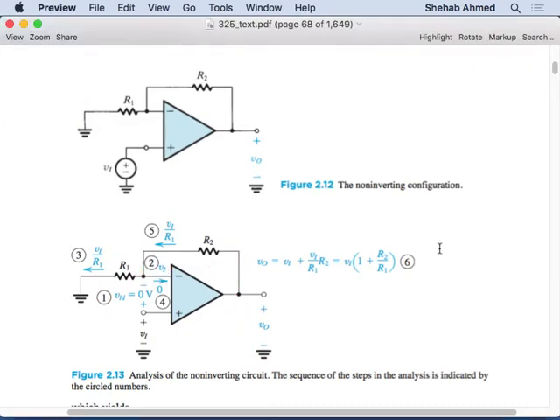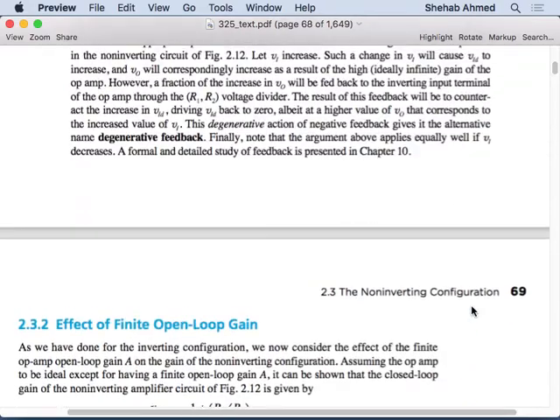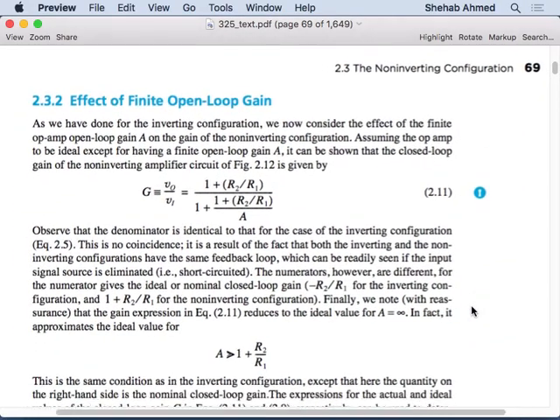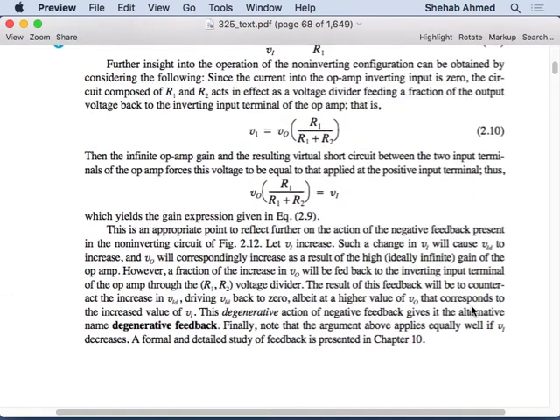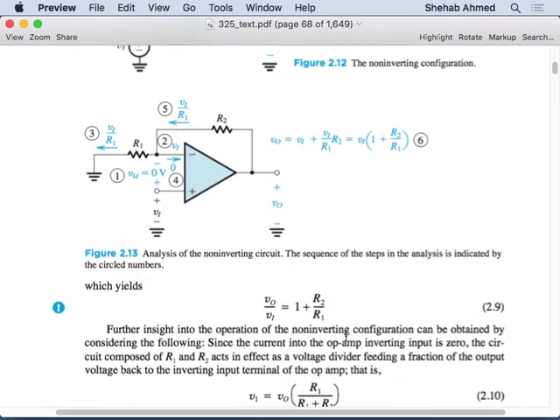Okay, so now let's see. Like we did before for the non-inverting amplifier, we looked at the effect on the gain of the amplifier with an infinite open loop gain op-amp. So we calculated the gain to be 1 plus R2 over R1.